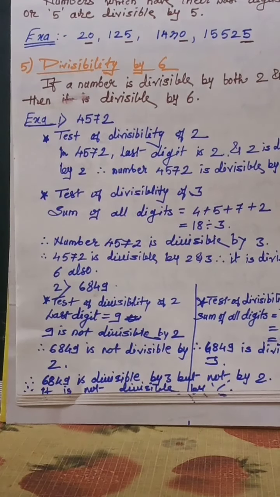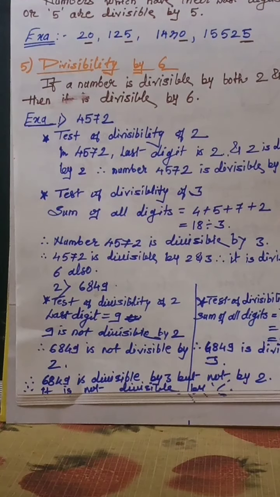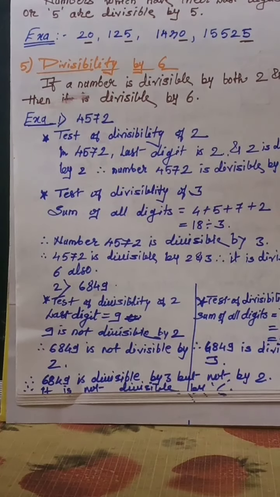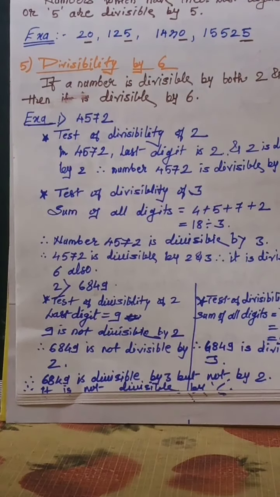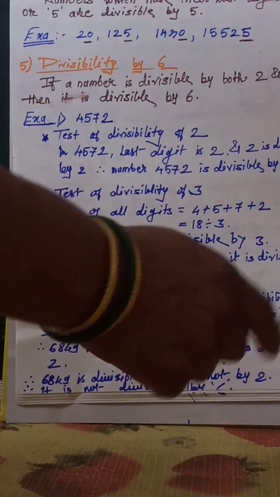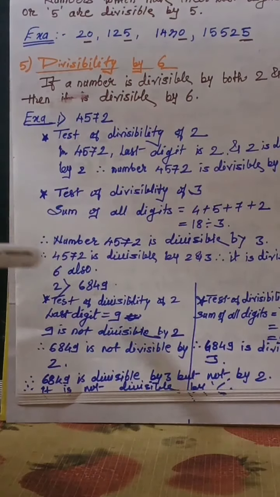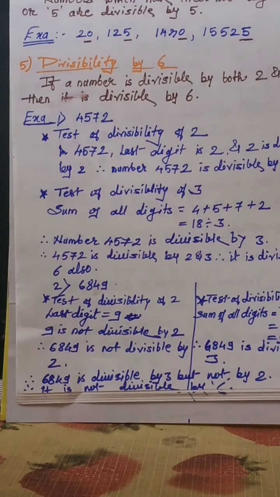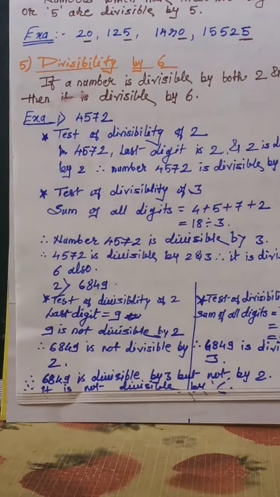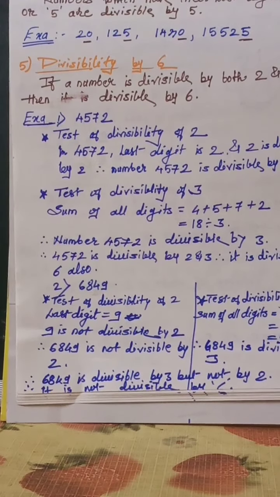The sum of digits, that is 6 plus 8 plus 4 plus 9, is 27 and it is divisible by 3. Therefore, the number is divisible by 3. But it is not divisible by 2. Therefore, 6849 is not divisible by 6.